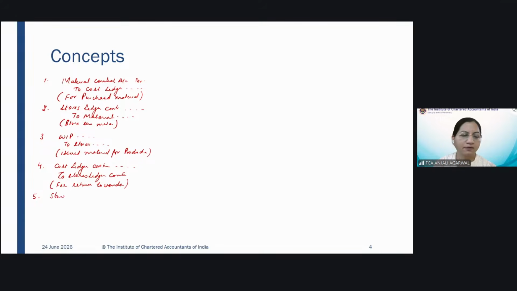Stores ledger control account debit to WIP control account for return of materials from production to stores.